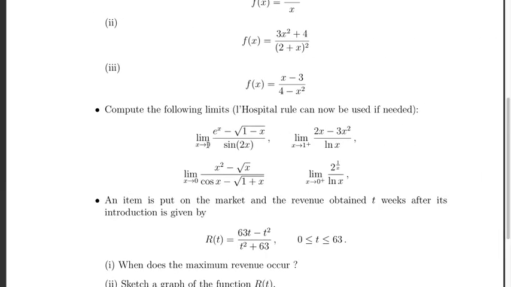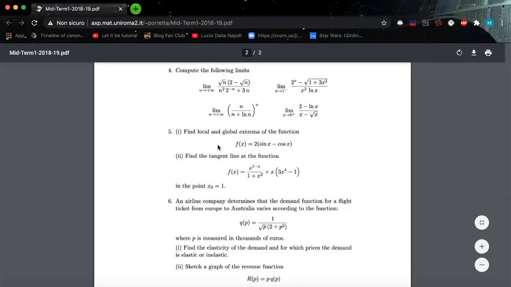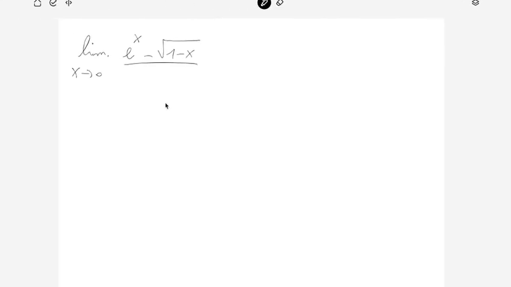Okay, the limit is the limit when x goes to 0 of e to the x minus the square root of 1 minus x, over sine of 2x.